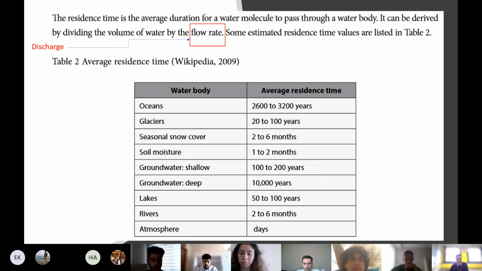Who can explain this a bit more? What does it mean that residence time is about 3 months in a river? Can you explain, Arda? Hello, sir.